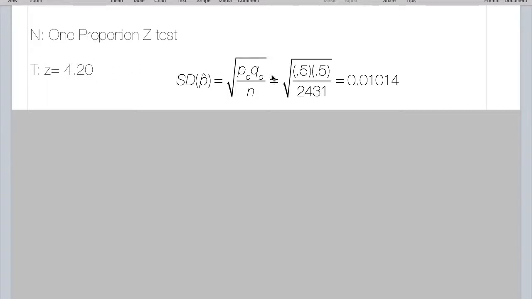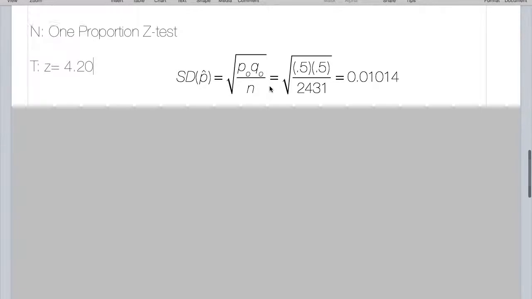Now, I didn't have to use this. If you've done that one proportion z-test in your calculator, you know that the calculator is going to give you this back, and I'll show you the printout in a minute. But I just wanted to make sure that we remembered what the standard deviation formula would be for a problem like this.